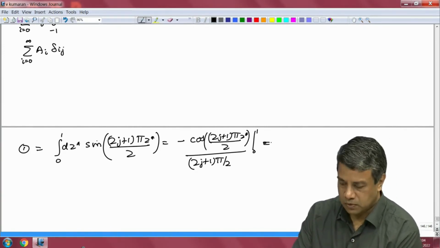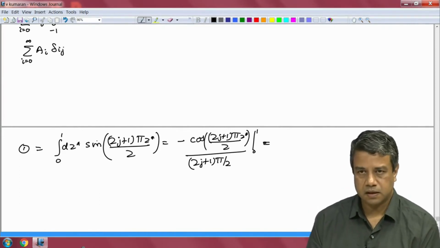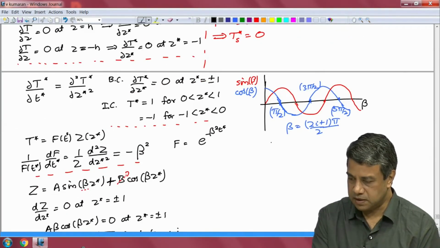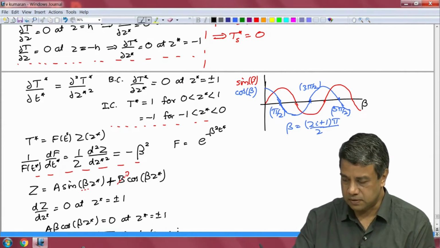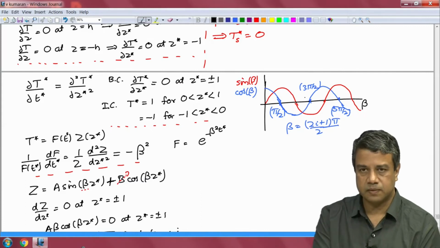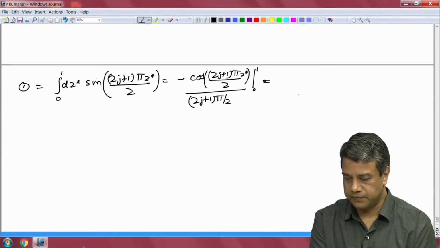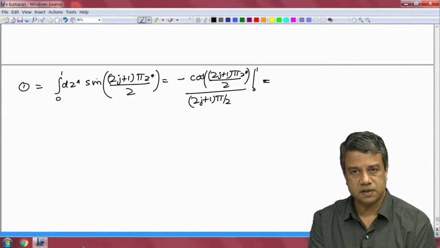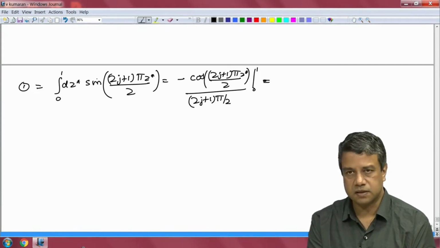At z is equal to 1 for any integer j, the cos function has to be equal to 0. Okay. At z is equal to 1 for j is equal to 0, you get cos of pi by 2, for j is equal to 1 you get cos of 3 pi by 2 and so on. Therefore, at z is equal to 1 it has to be 0. And at the lower limit at z is equal to 0, this cos function is equal to 1.